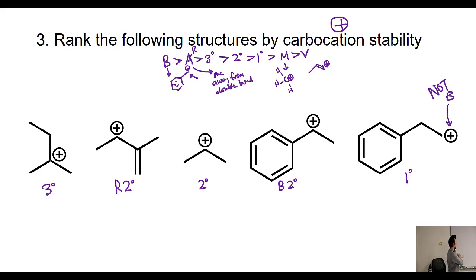Okay. So now I've labeled what they are. Which one is going to be the most stable? One equals most stable. So one is going to be the fourth one.